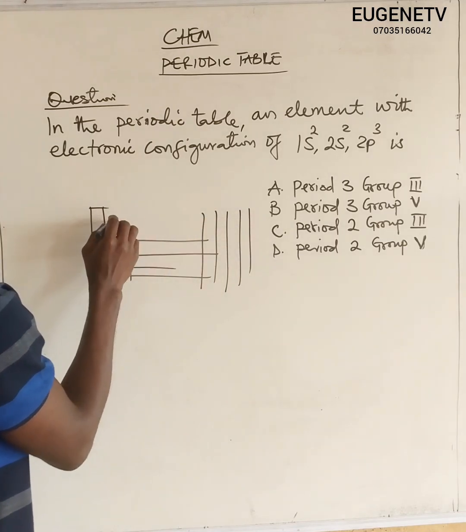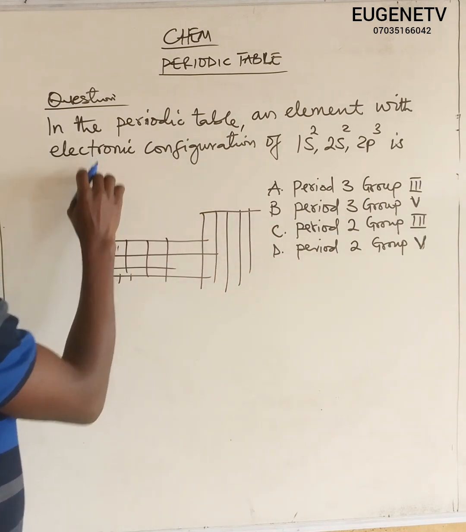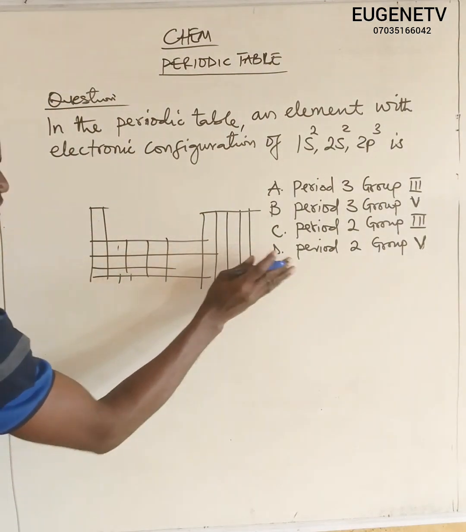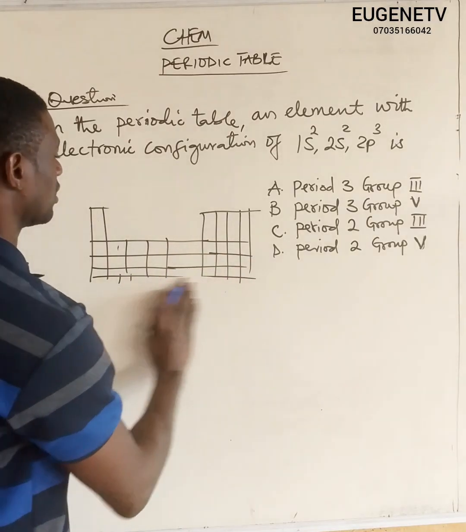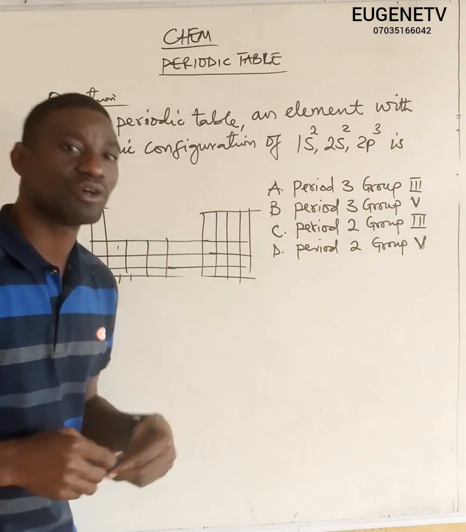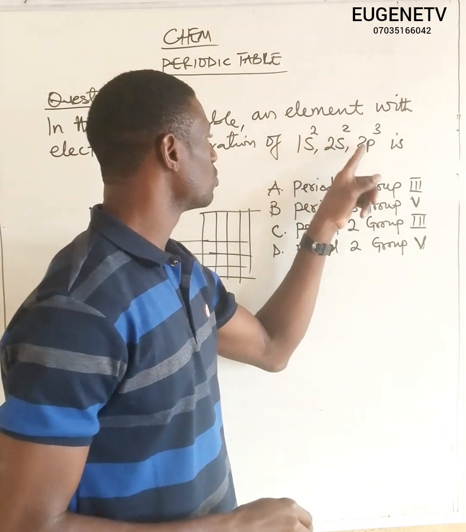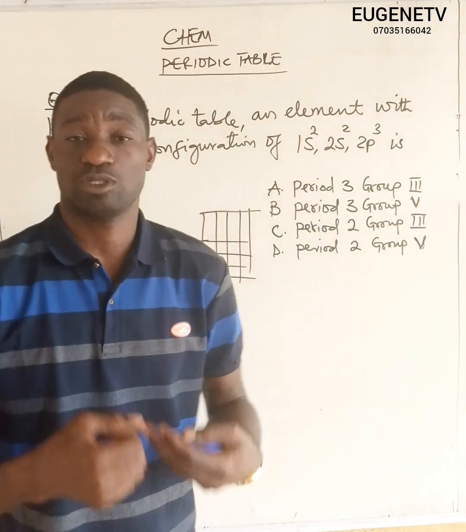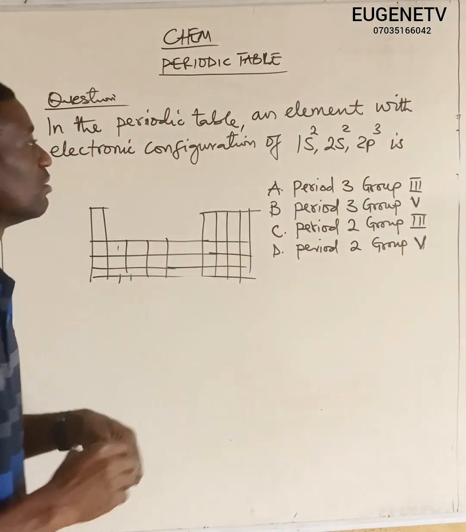We have horizontal columns and vertical columns. The vertical columns are known as groups, whereas the horizontal sections are known as periods. So they are asking us to which period and group the element with electronic configuration 1s2, 2s2, 2p3 will belong, because it must belong to a period and to a particular group.